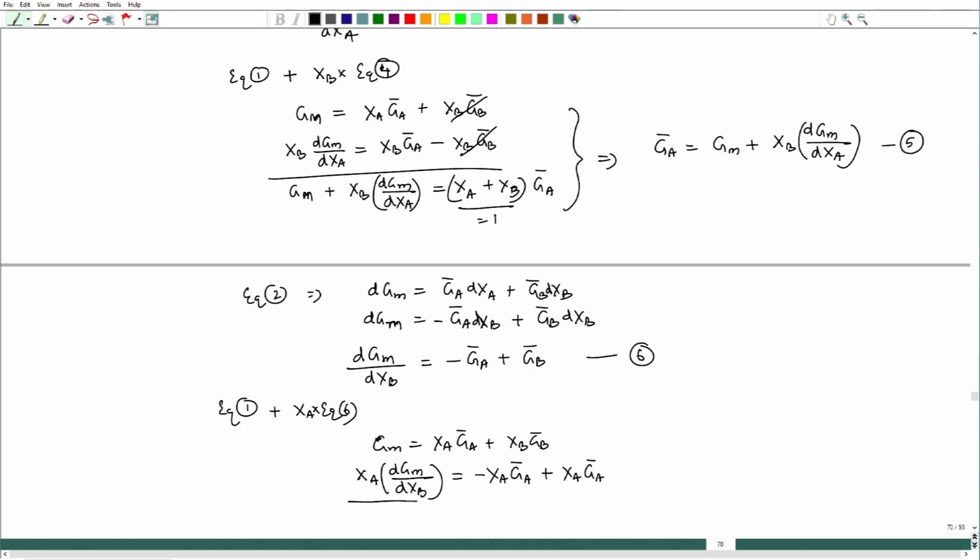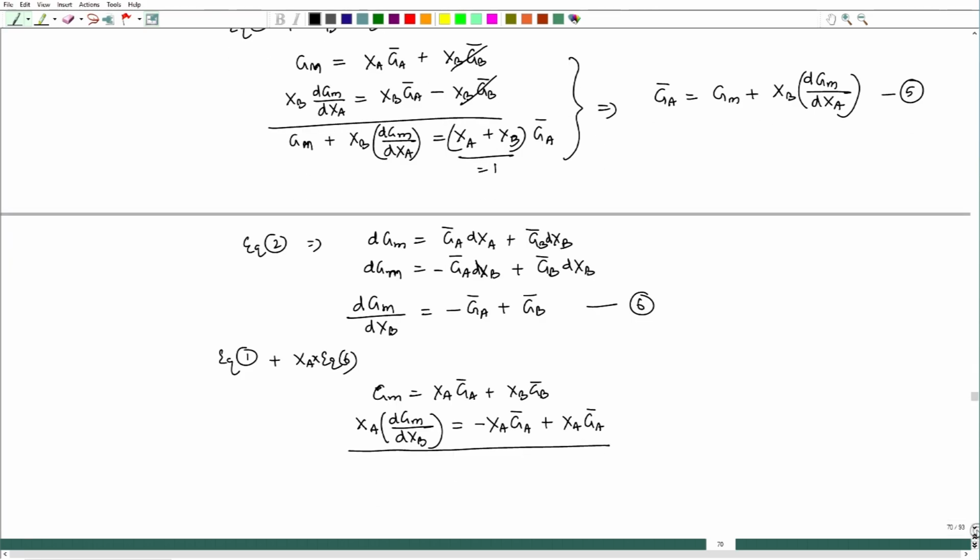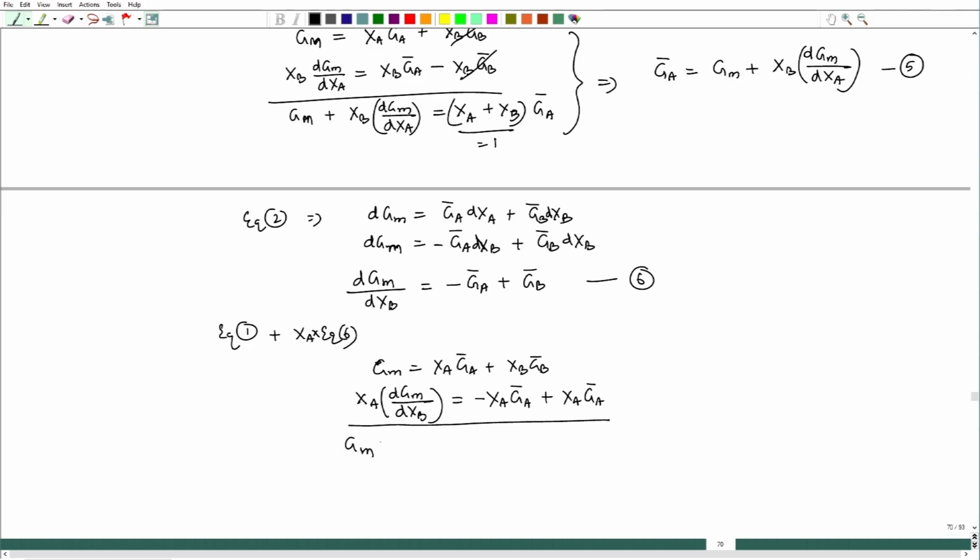So, if we add them, then we can see that GM plus XA would be equal to, this would get cancelled. So, XB plus XA, this one should be B, this. Okay. So, now this quantity is equal to 1 for binary system.